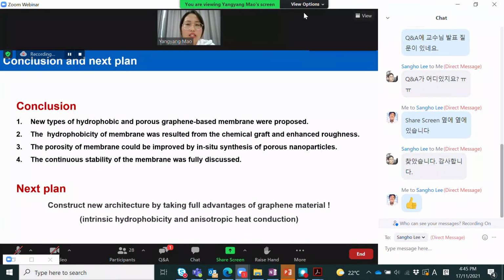And that's all my concrete work. We have got several conclusions. We have proposed new types of hydrophobic and porous graphene-based membranes, and the hydrophobicity and the porosity of graphene oxide membranes could be improved, and the continuous stability of our membranes was fully discussed.